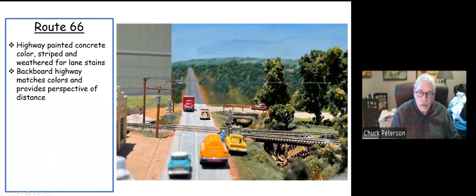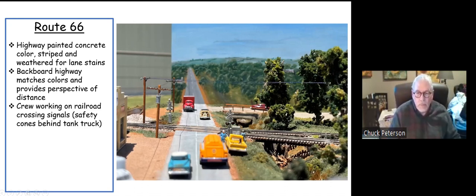Now, it might not look the exact right color, but when you're looking at it in real life, you can see it. It's just that the sunlight is shining on it at a slightly different angle than what you see down here on the flat surface. But it provides a perspective of the highway moving off into the distance.